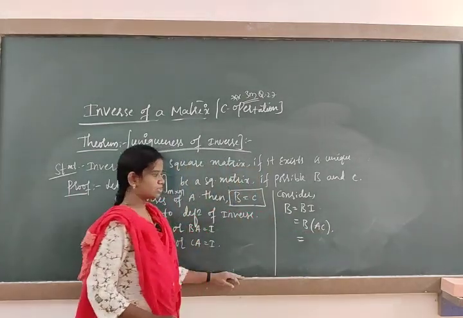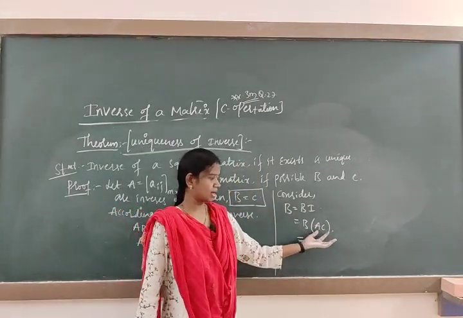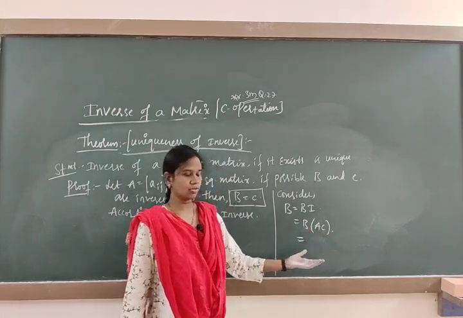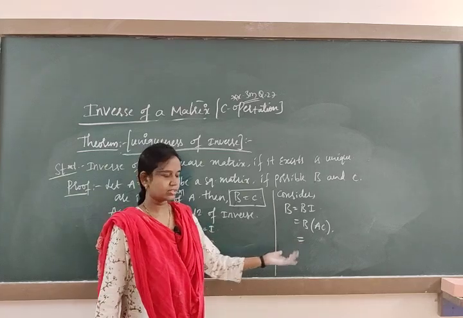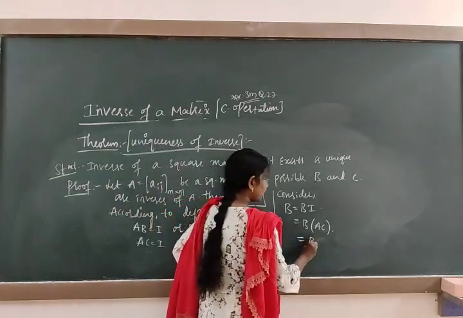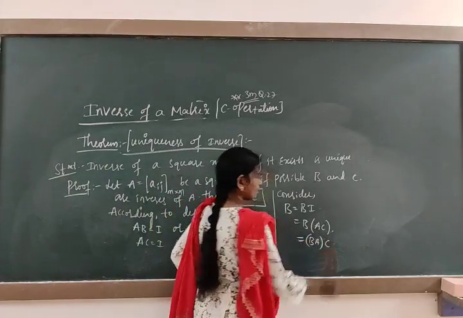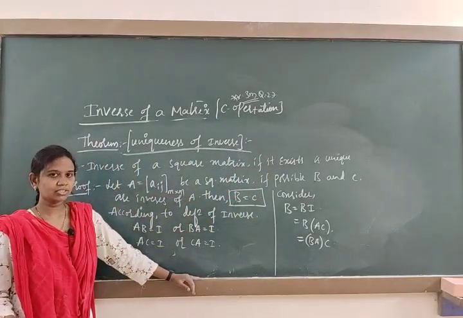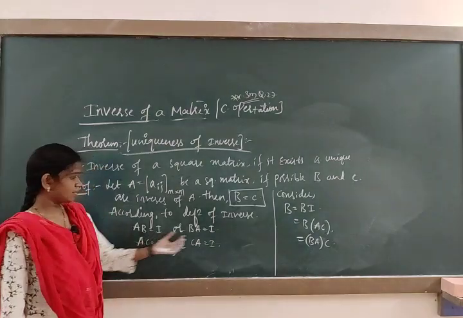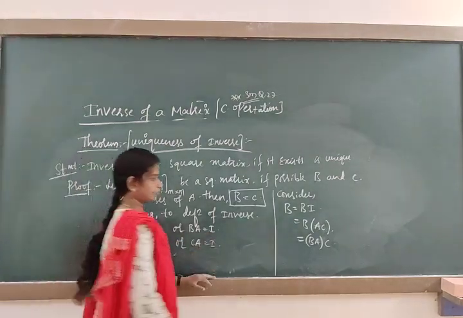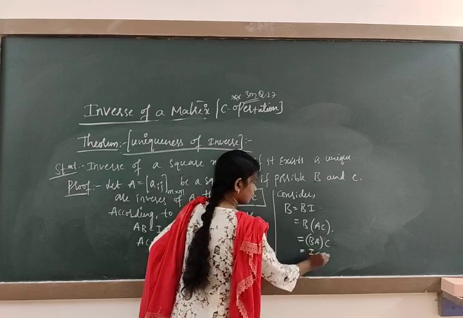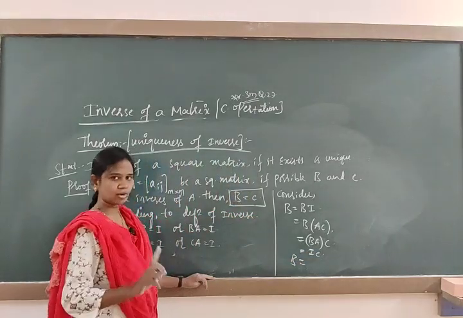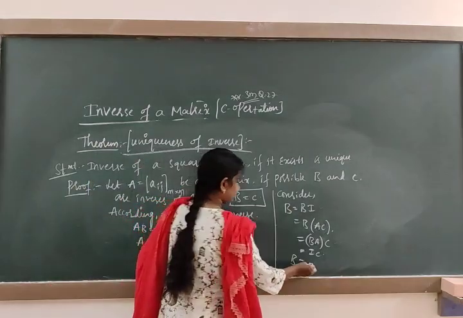In the bracket, there are 3 values, but we have taken the bracket for only 2 alphabets, which means it is associative. Associative means you can interchange the brackets. Now I will make a grouping as BA of C, because matrix multiplication is associative. What is the BA value? Again it is I. What is I into C? I means 1. 1 into C means C.